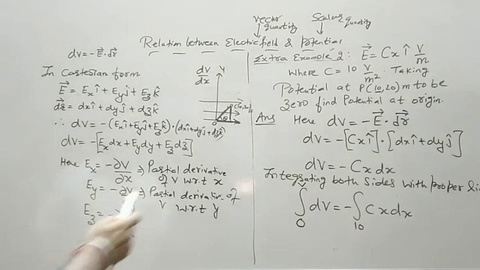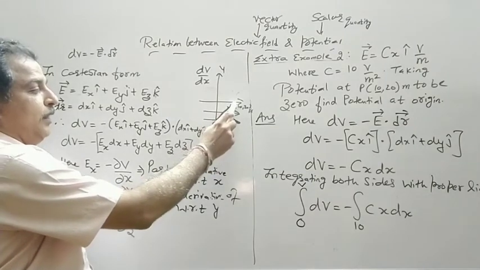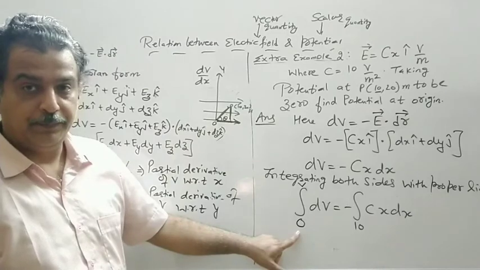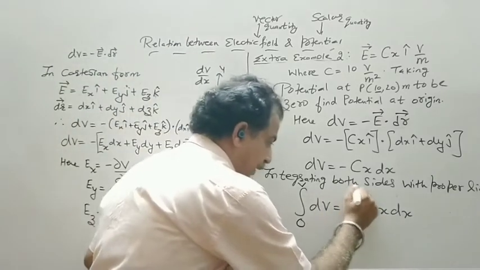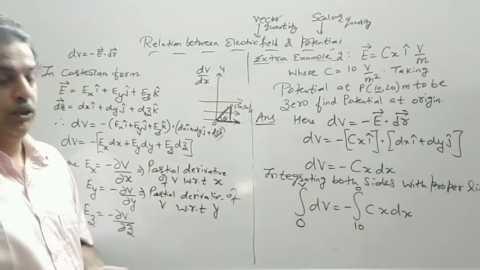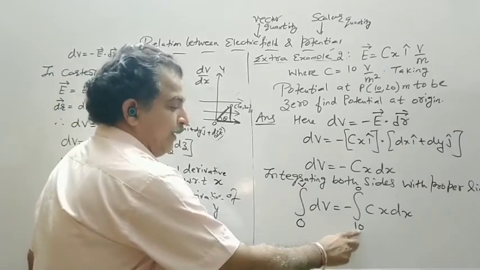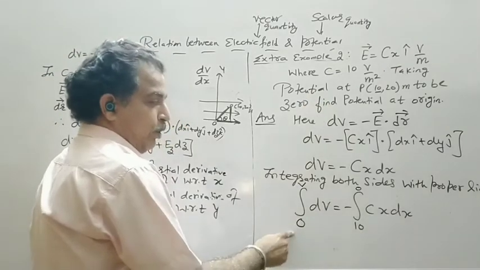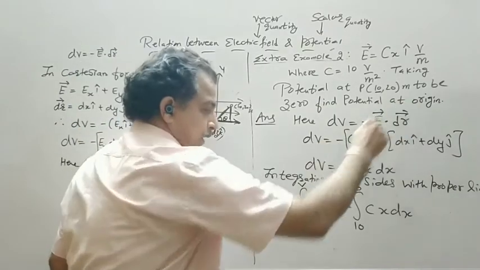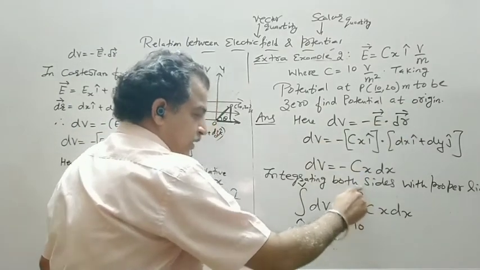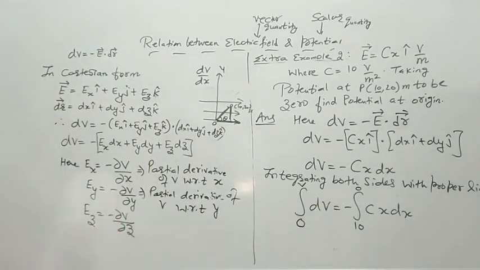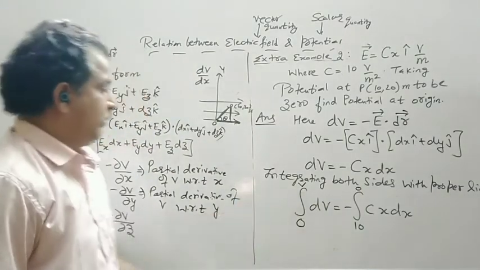You are moving from the point 10 to 0, where the potential is 0. So you have to write the proper limits like this: when I am at the point P, the x coordinate is 10 and the potential is 0. When I come to the origin, the x coordinate becomes 0, and I have to find the potential at the origin, so it becomes V.